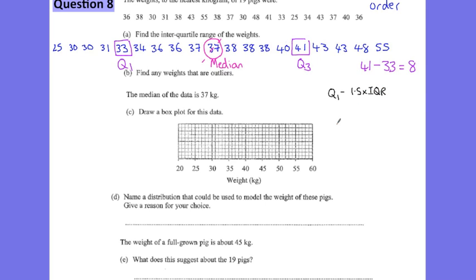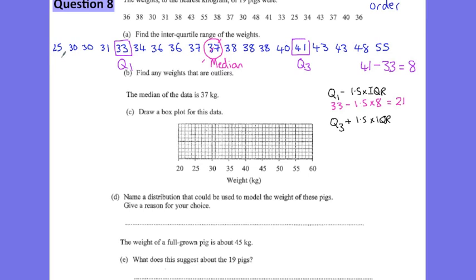We will then look at the upper end by taking the upper quartile and adding 1.5 times the interquartile range. Substituting in our values, we have 33 take away 1.5 times 8, which gives us 21. This means that any number below 21 is an outlier.